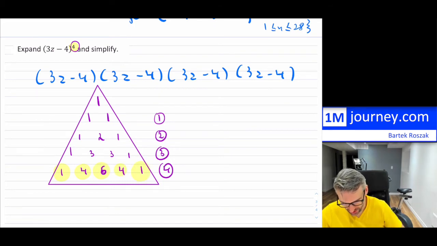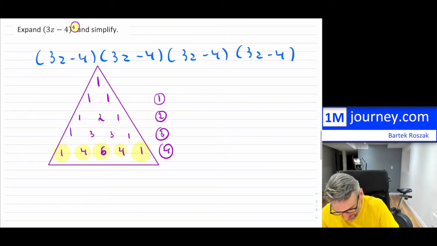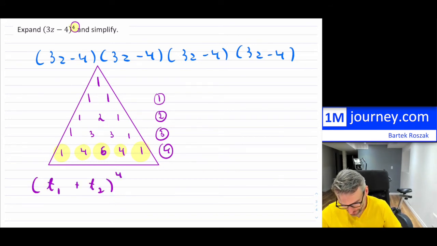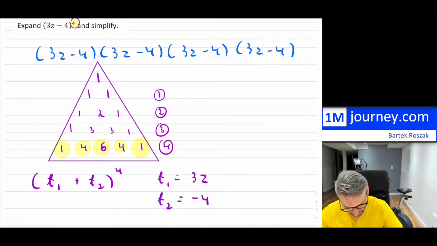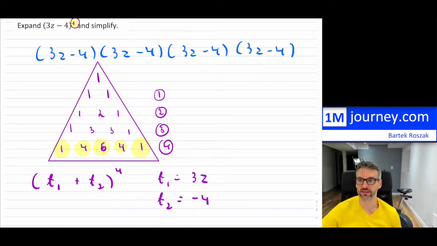All right, so let's do that. And then what you have is term 1 plus term 2 to the 4th. Okay, now your term 1 here is 3z. Your term 2 is negative 4. Okay, so I'm going to keep it like that.